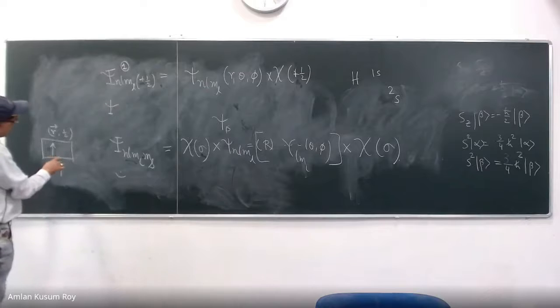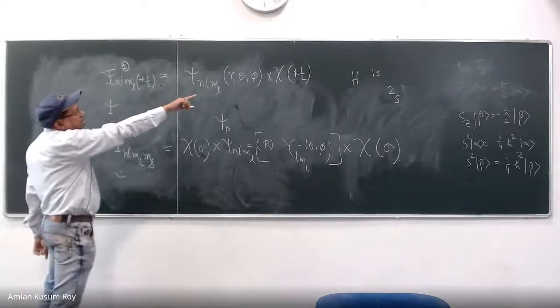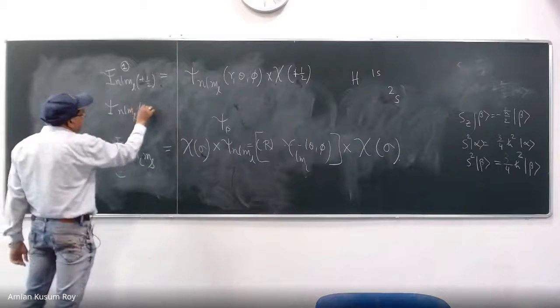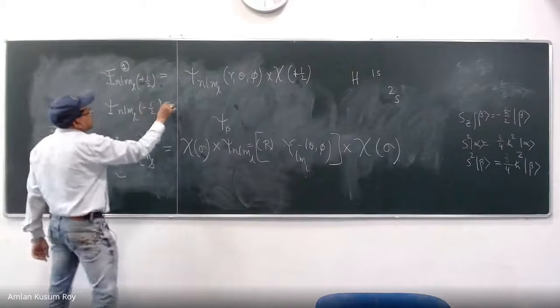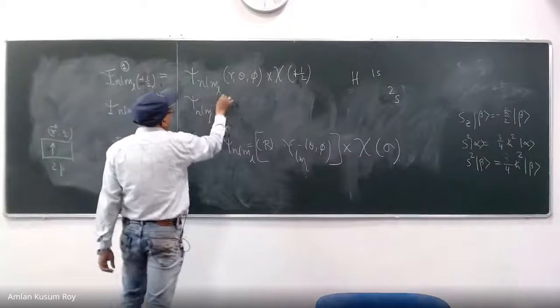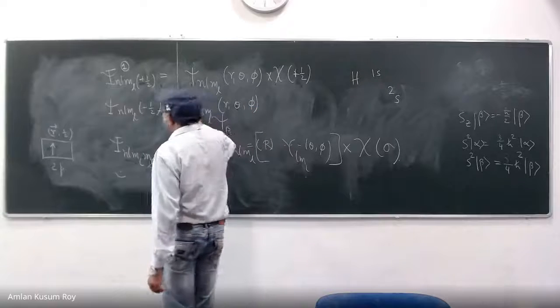But I can have another spin state with the minus half value, so I write n, l, ml, minus half, where ms is minus half, with exactly the same n, l, ml. That means the position coordinate of the 2 electrons is the same.